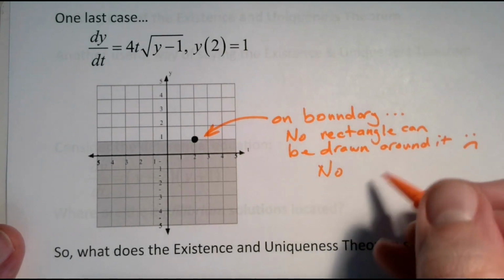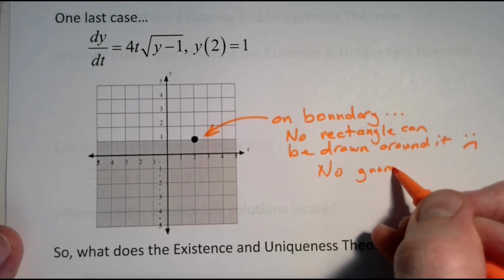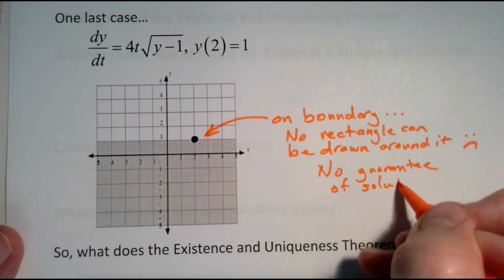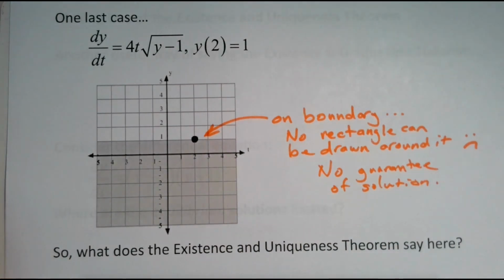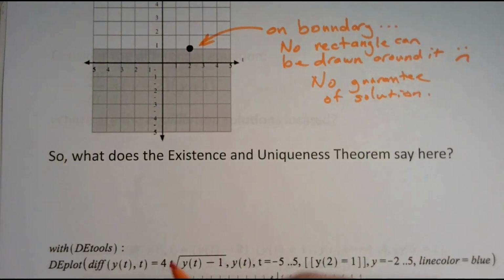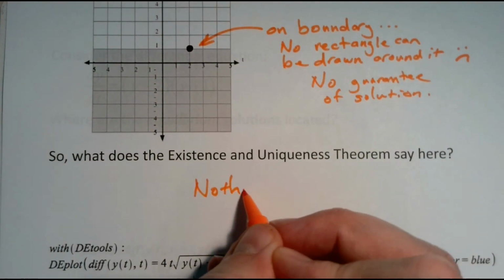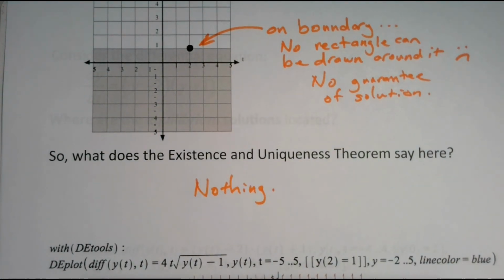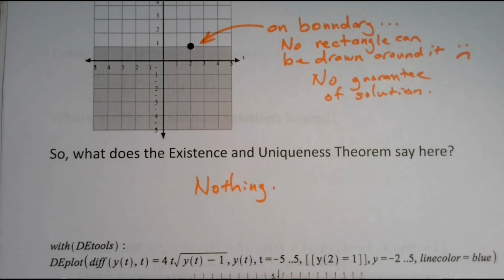That means no guarantee. So what does the existence and uniqueness theorem say here? Nothing. Because it's right on the boundary, you can't draw a rectangle. The requirements for the theorem are not met.